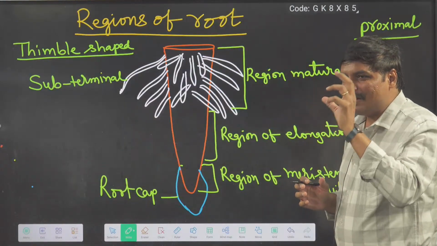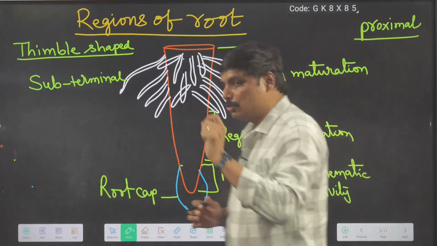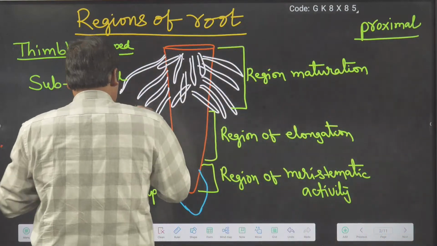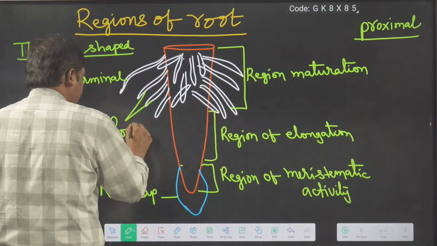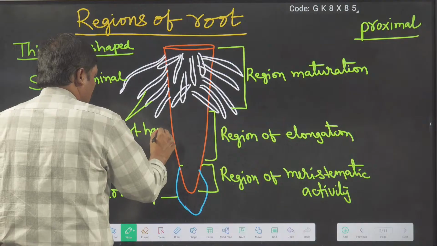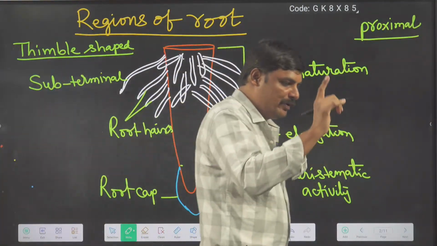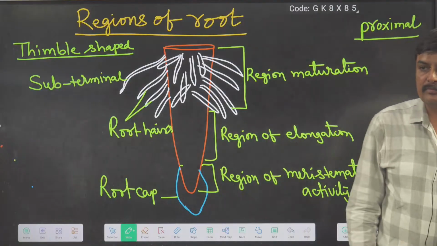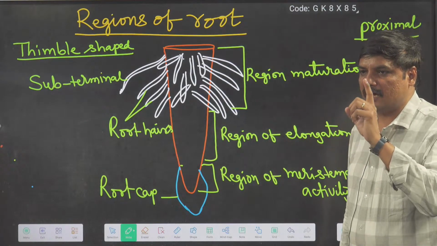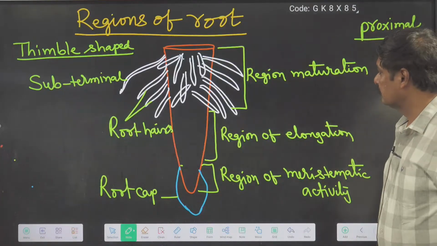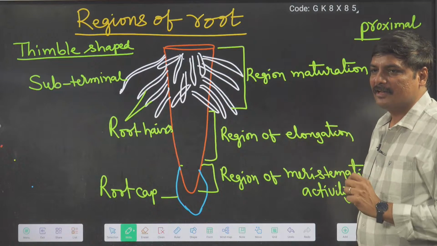Some epidermal cells of this region produce root hairs. Root hairs are present in the region of maturation. What are root hairs?